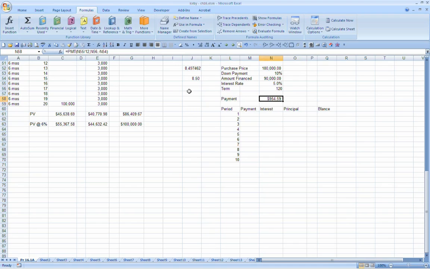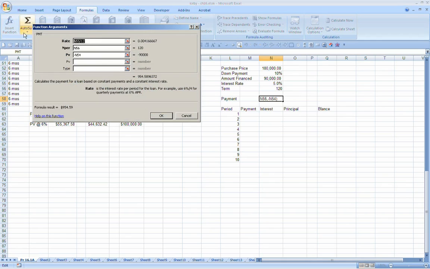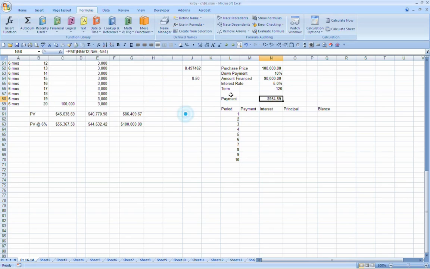So how do I modify this? We can go back to our function helper if we want. Number of periods is, notice it's N56, which is number of payments. I'm going to change my term to be 10 years.